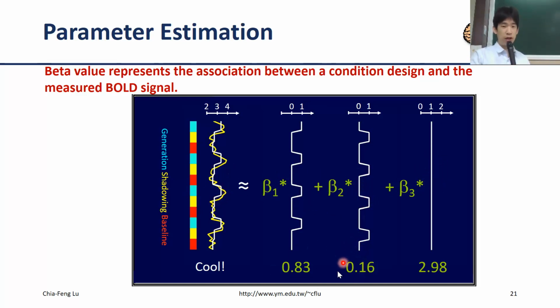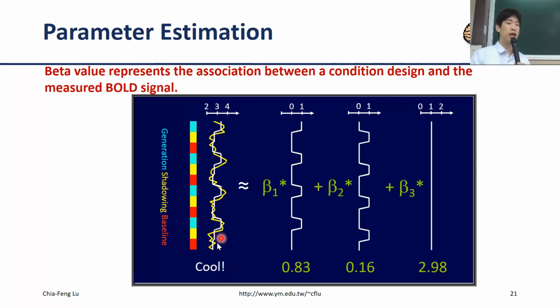As you can see right here, with this kind of combination, you will see the combined signal, the white profile right here. It's actually pretty similar to the measured signal. So that means with this parameter setup or estimation, we can say the very first one, the x1 variable, or the first condition, is dominating this BOLD signal profile.